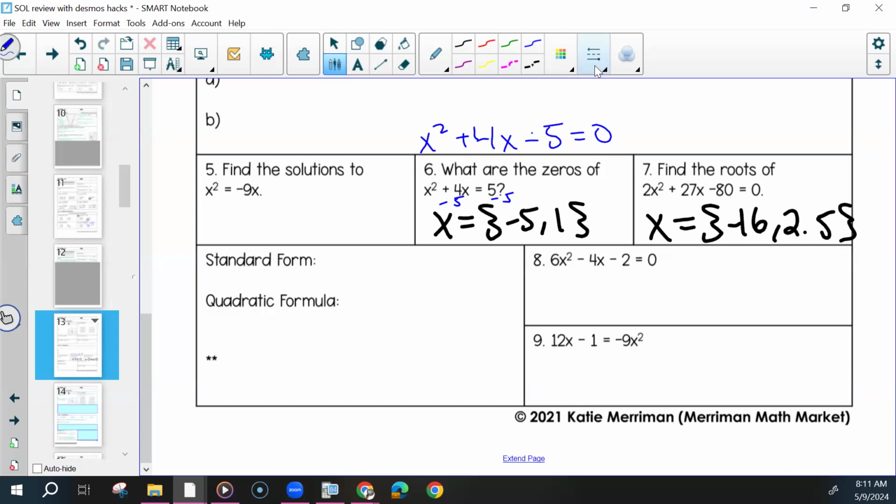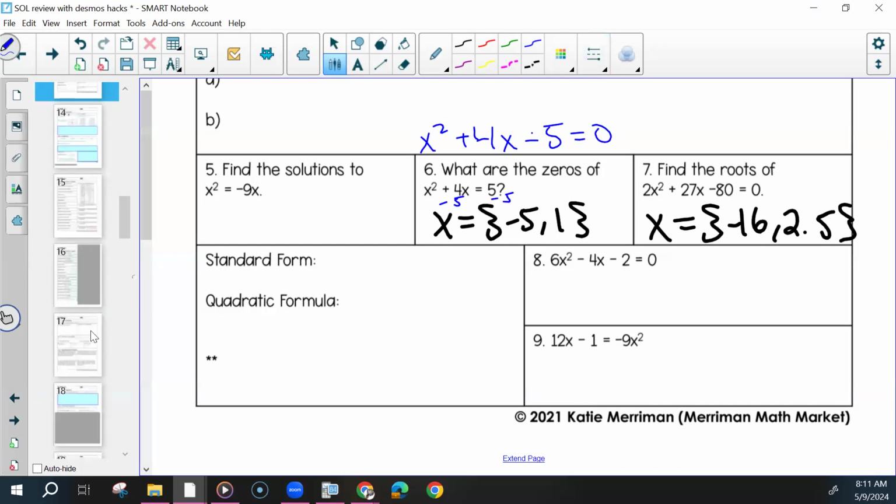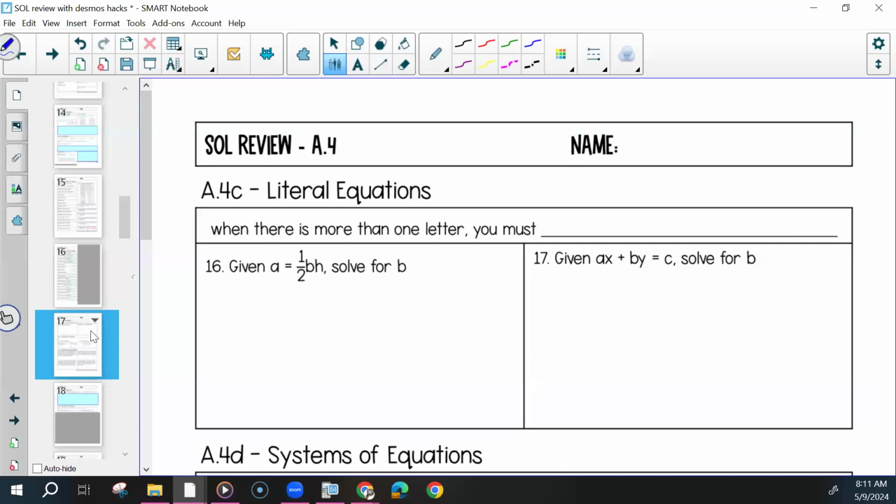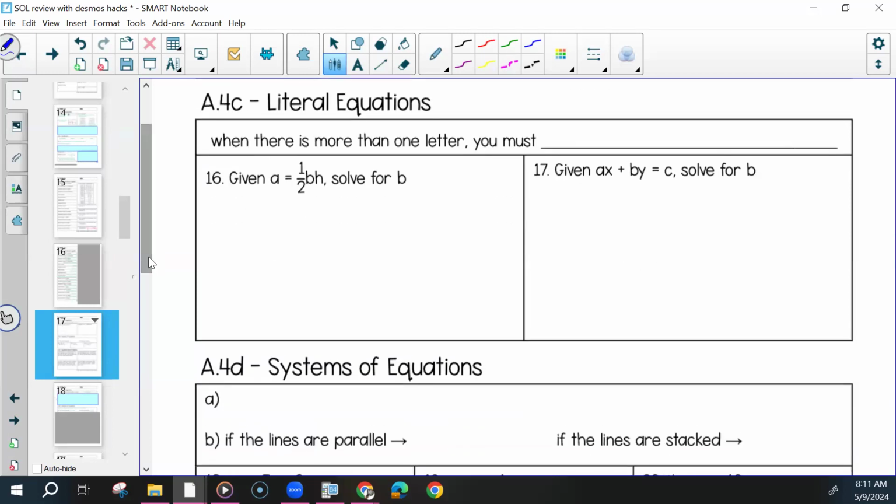Let's do 4C, number 16. So anytime you see literal equations where it gives you a bunch of different variables, you're solving that by hand. Solve it like a regular equation, but solve it for whatever the missing variable is. So in this case, we're solving for B. You gotta get everything else away from it. How could we do that?